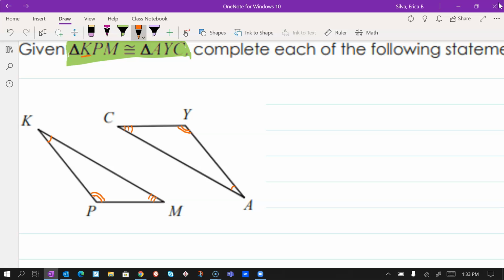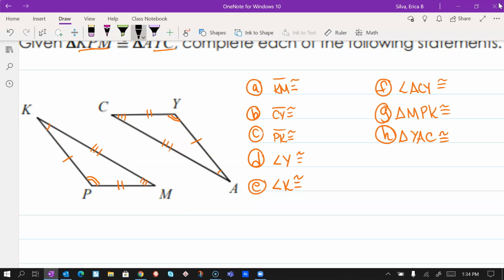And let's put our tick marks on our segments. We've got KP is congruent to AY. PM is congruent to YC. And KM is congruent to CA. Segment KM is congruent to segment AC.